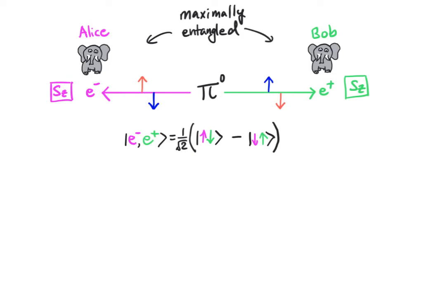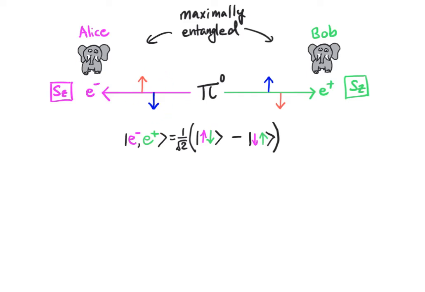Unlike the marbles where Alice had the red marble and Bob had the blue marble, the electron and the positron spins are in a state of superposition until Alice or Bob measures one of them. Until a measurement is performed, the electron isn't spin up or spin down, and the positron isn't spin up or spin down, but instead they are in a superposition of states of both.